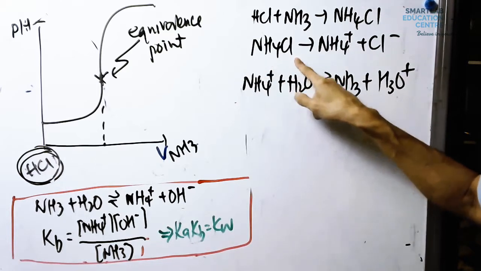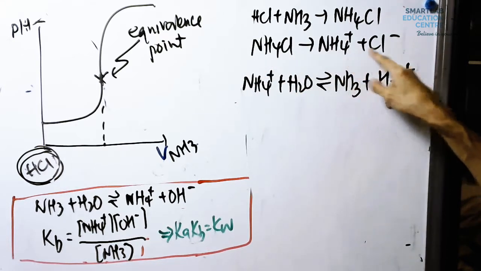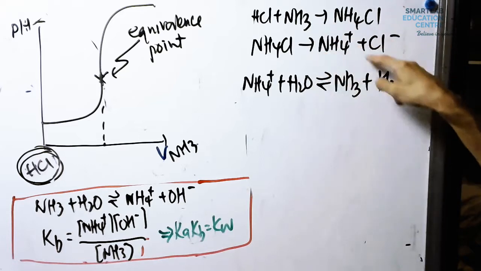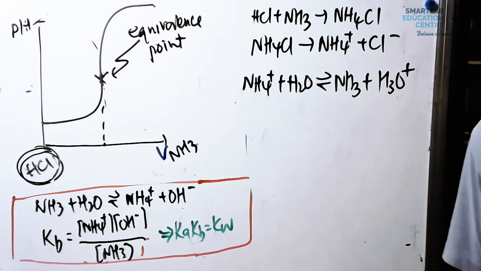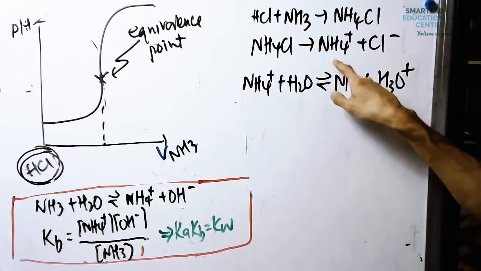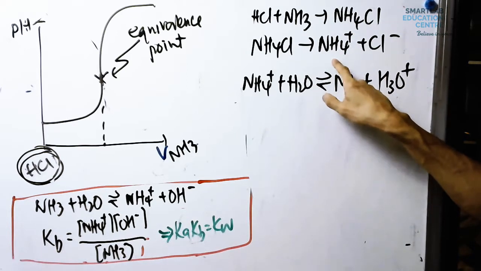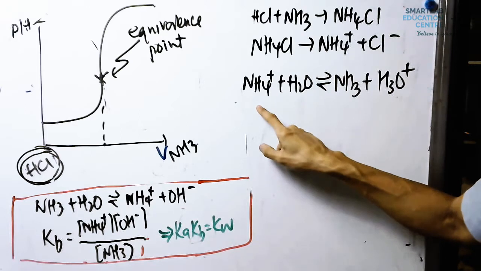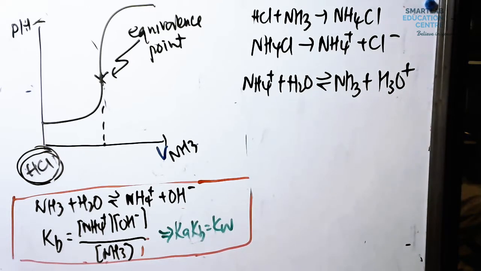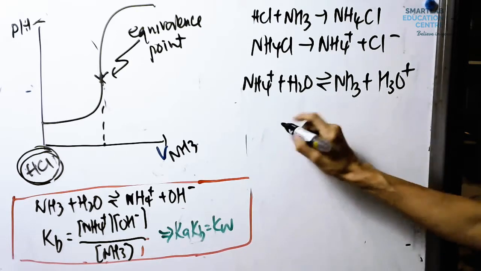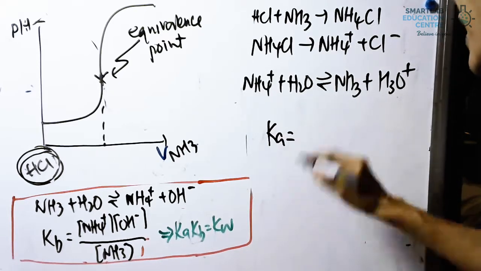Ammonium chloride will ionize to form NH4+ and Cl-. Again, Cl- will not be involved because it will merely have ion-dipole interaction with water molecules. NH4+, if it exists alone, is a proton donor, so it's a weak acid. It could ionize to form this expression, and this is when we can have a Ka for it.